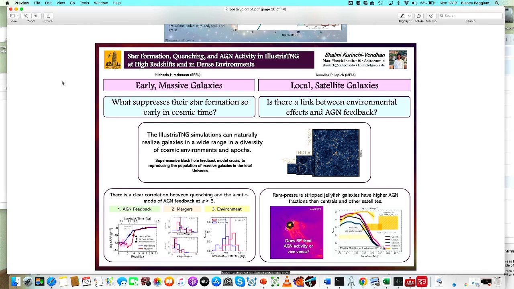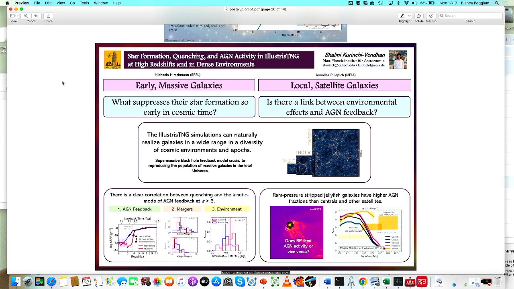As a result, the large-scale environment can mildly contribute to the growth and activity of their central supermassive black holes, and we find a strong correlation between the onset of AGN feedback and quiescence. I did this work with Michaela Hirschman at EPFL.